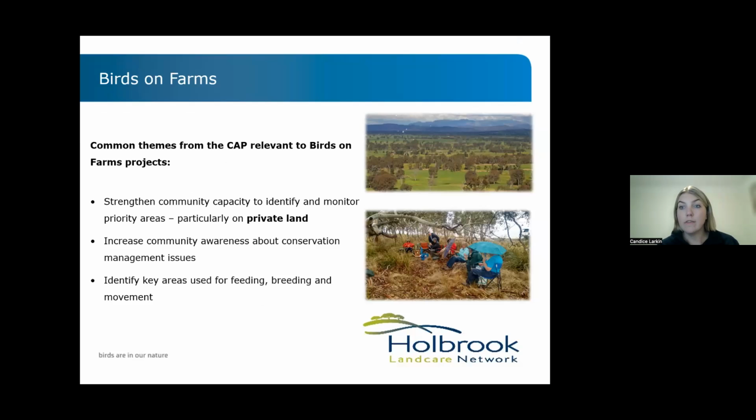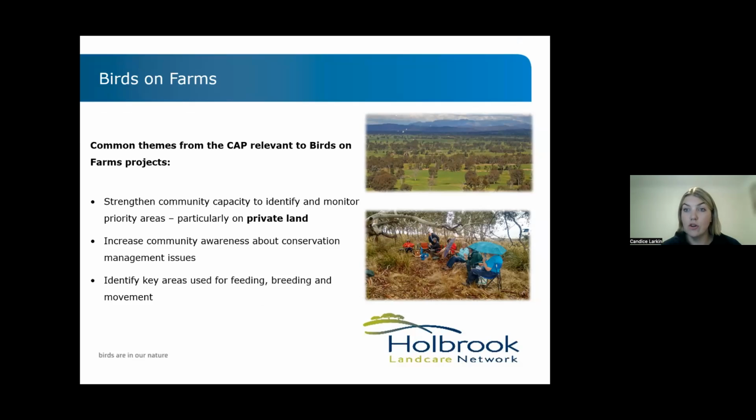So one way that we're assisting in regenerating habitat is the Birds on Farm program. The Birds on Farm program is occurring in southern New South Wales and northern Victoria at the moment. The idea of it was to strengthen community capacity to identify and monitor priority areas, particularly on private land.